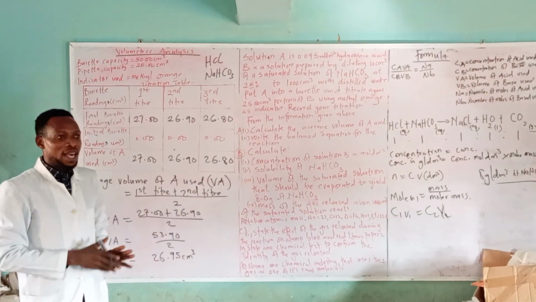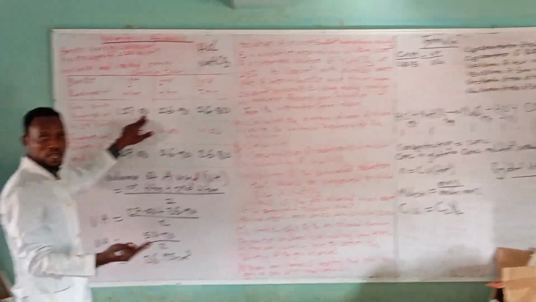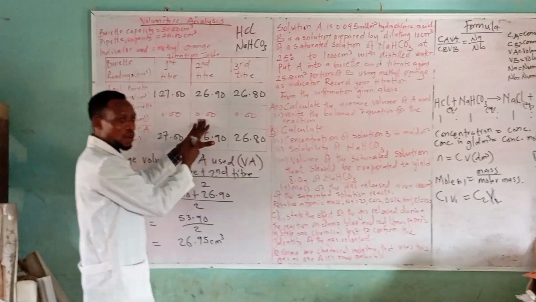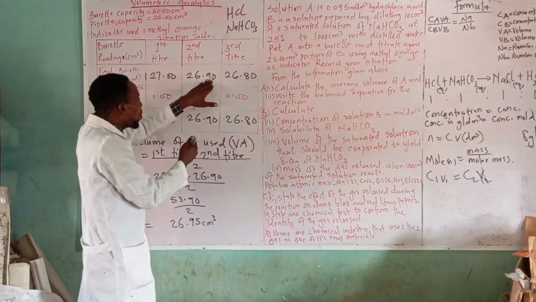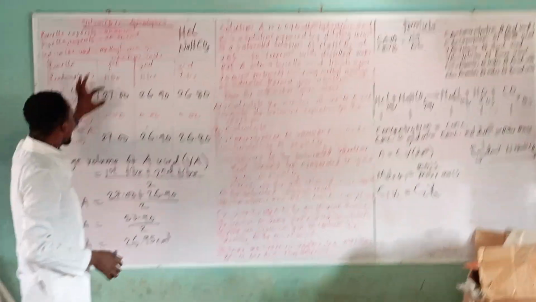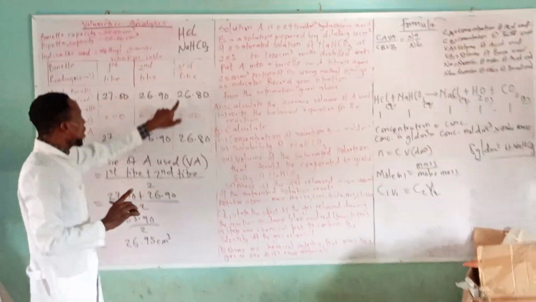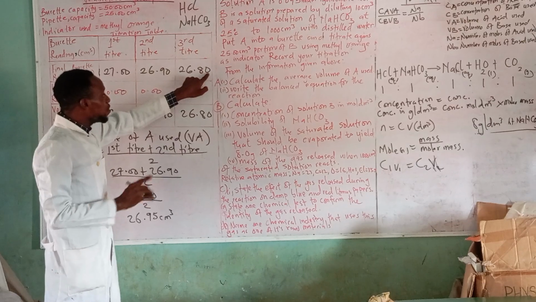It is allowed. Now, let's say I ran my own, I got 27.00. When I started from 0 again, I got 26.90. Now, here I got 26.80. So you cannot get 26.95 here. It's not allowed. You can get 26.85.